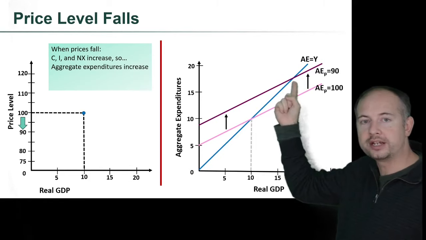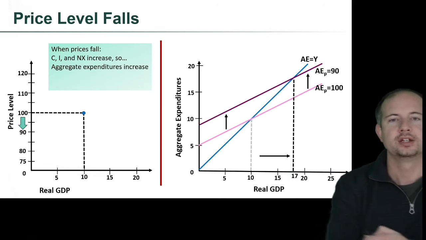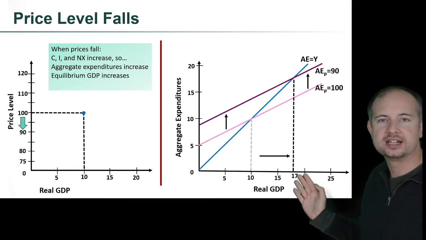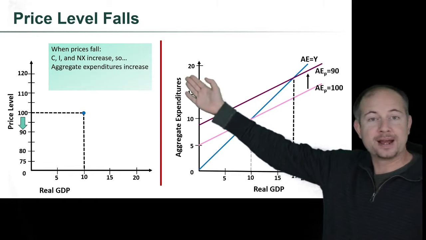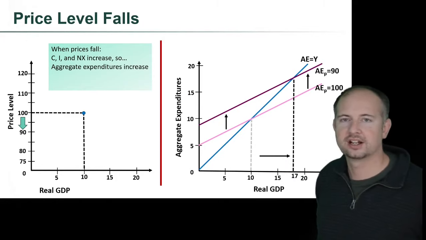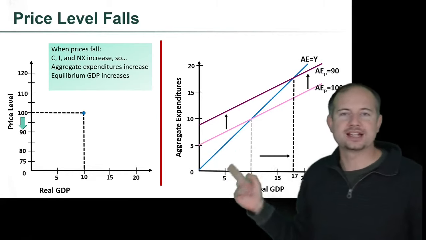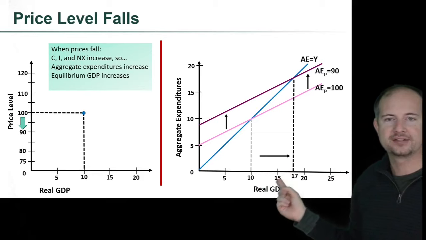So here's our new equilibrium. What that means is in our new equilibrium, our real GDP is 17 and aggregate expenditures is 17. So what we just learned is that equilibrium GDP has increased, right? It's gone from 10 up to 17.